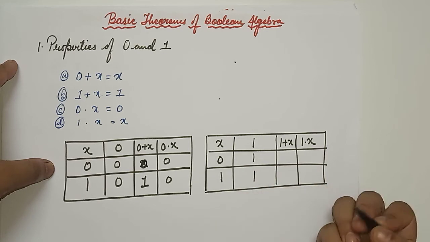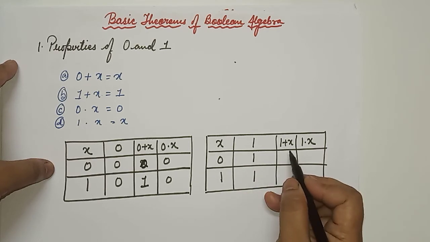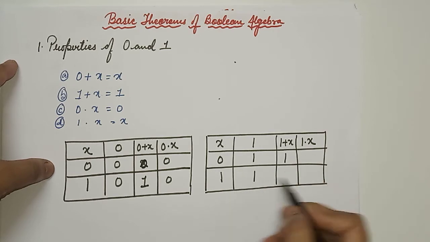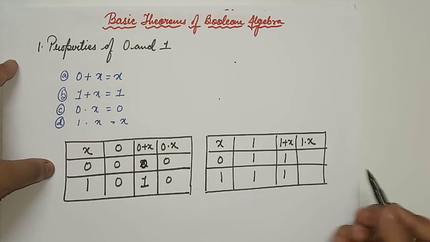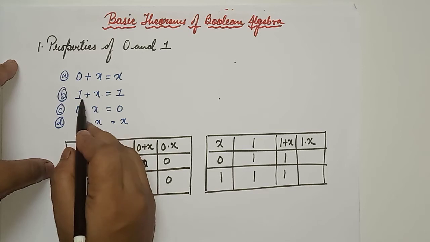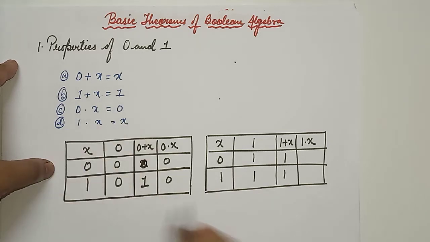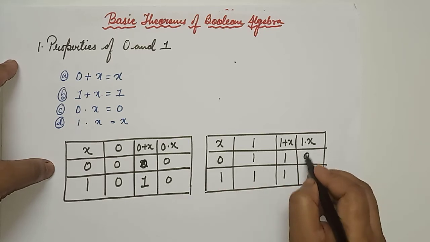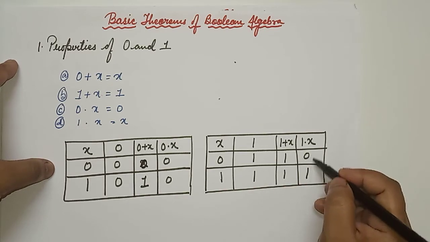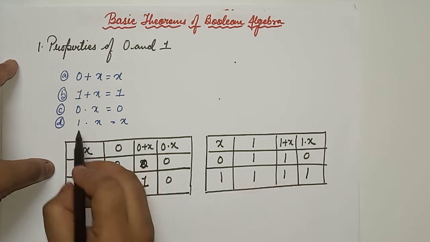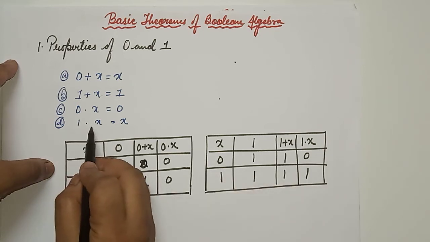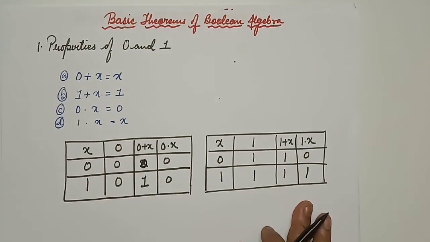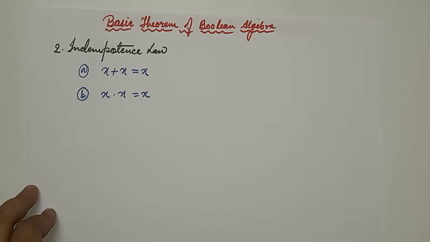Now 1 plus x, that is 1 plus 1, it is 1 only. So whenever any variable is added with 1, the result is 1 only. But if any variable is multiplied with 1, the result is that variable. So if you compare this column to this column, you can see that 1 multiplied with x is equal to x only. So these are the properties of 0 and 1.